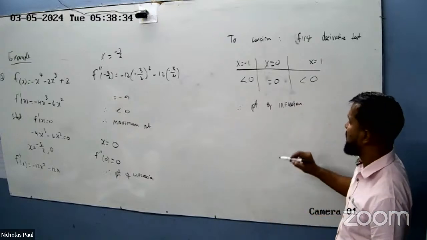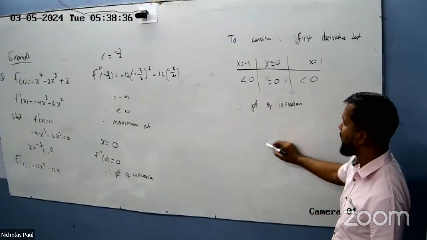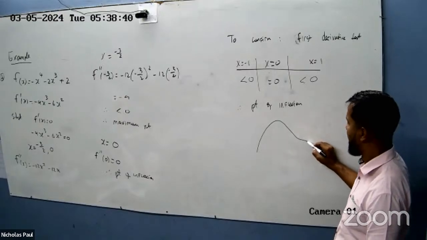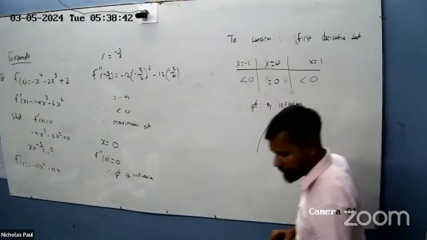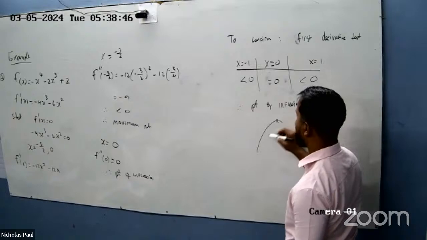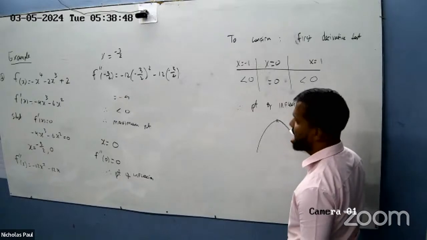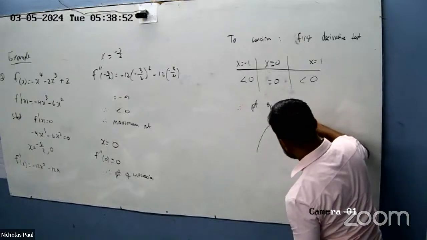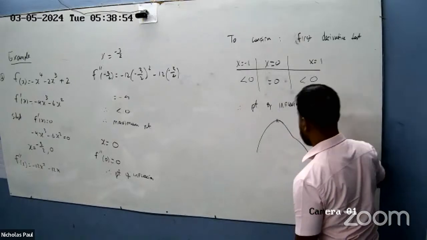That's okay? So this graph probably will look like this. It went up to a maximum, and then you had a point of inflection somewhere. It went up to a maximum at -3 on 2, and then when it reached 0, it decreased and then continued to decrease.